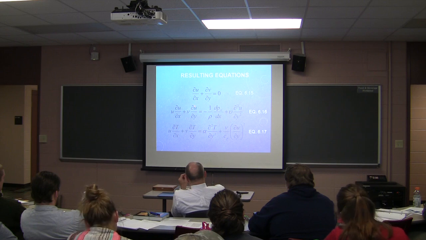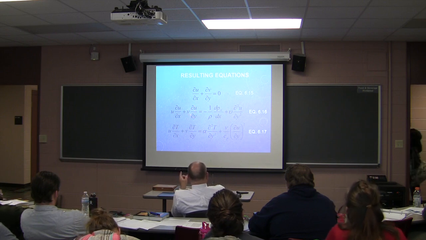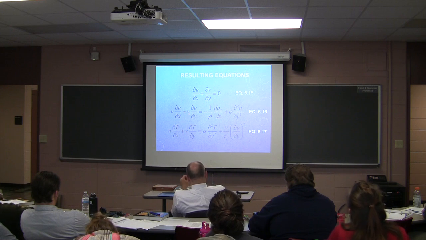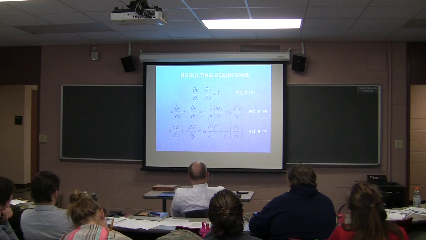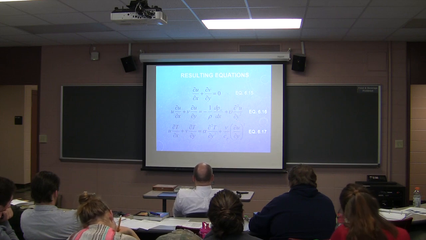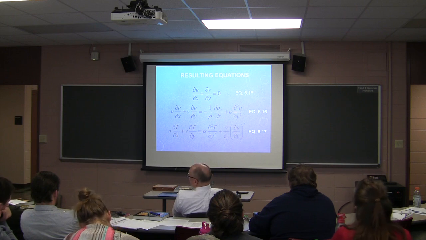You have the change of velocity u with respect to y times the y velocity v. And then this is your pressure term divided by density. And over here is what's left of your stresses, of all the stresses.